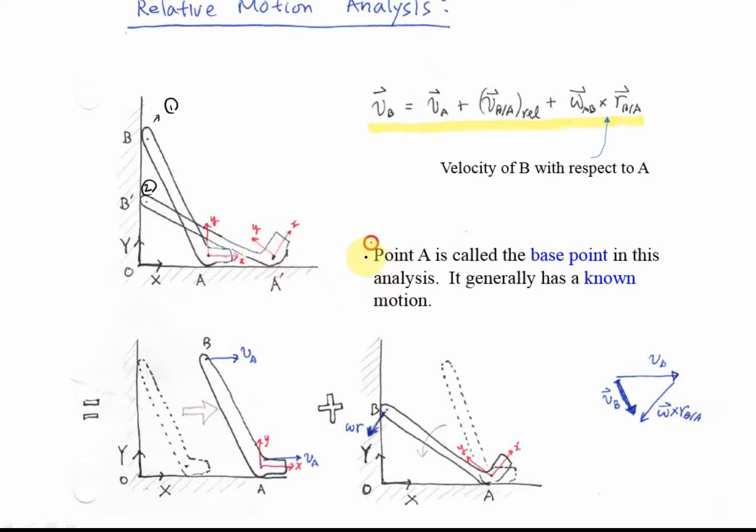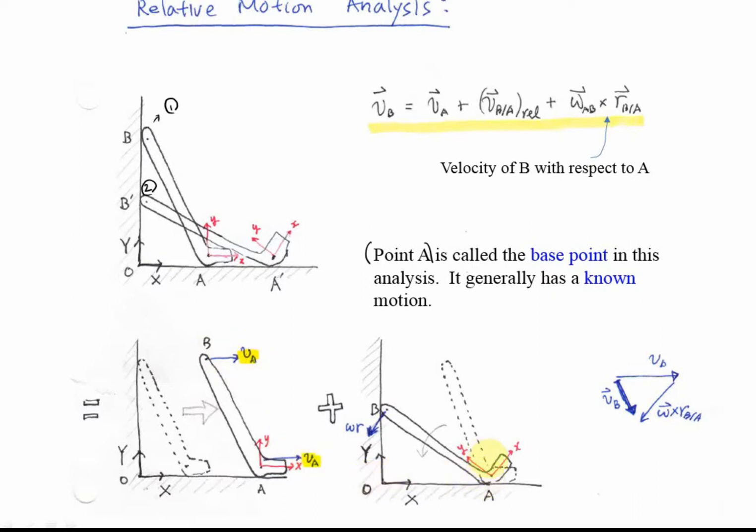Here point A is called the base point in this analysis, and usually point A is chosen because we know some information about it, such as the velocity of A and acceleration of A are known. Then we want to consider that to be our base point. When you translate this rigid body from left to right, the velocity of B is the same as the velocity of A, right?